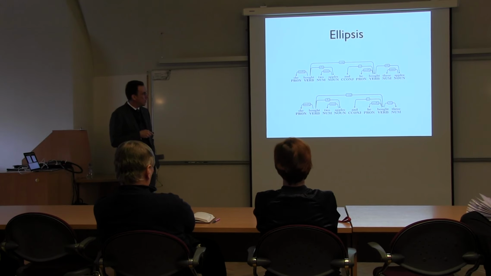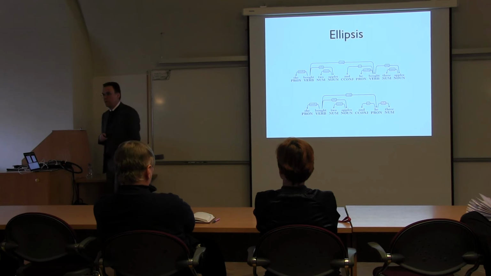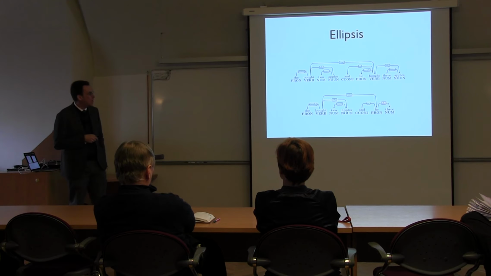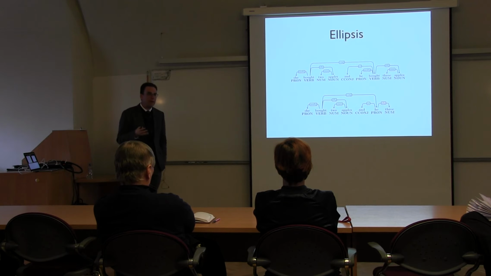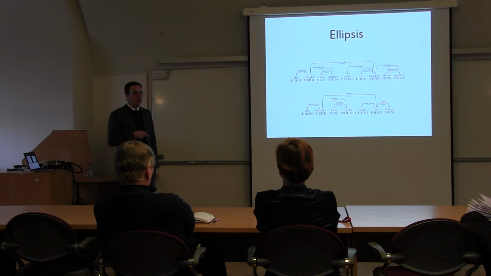But suppose now we go one step further and we also elide the predicate here. So we now just say, "she bought 2 apples and he 3." Now if we just apply the simple promotion principle here, we can promote the subject he to the head.